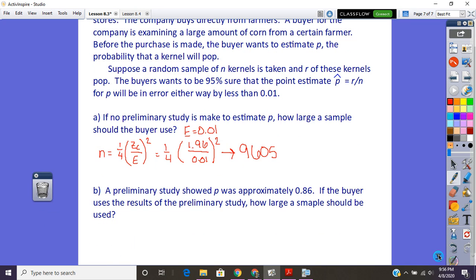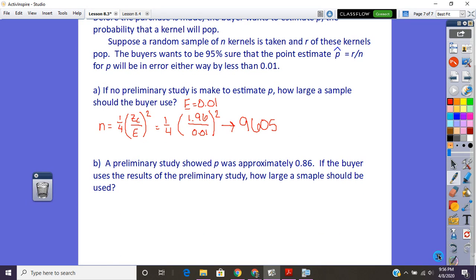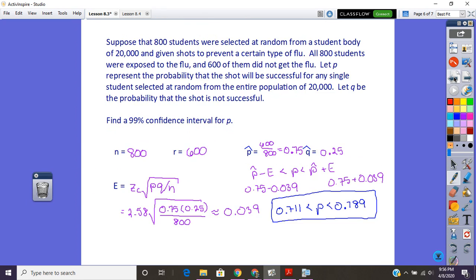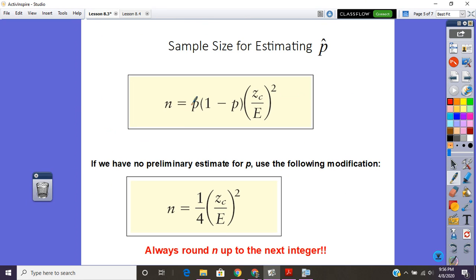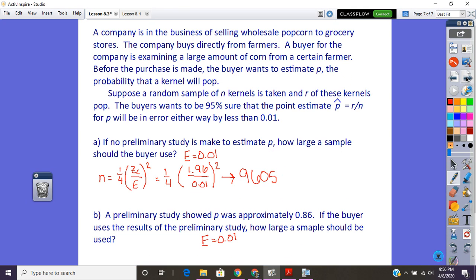Okay, so now we're going to say what happens when we have a preliminary estimate. We're going to go through and do the same thing. Our error is still the same. So our error is still 0.01, but now we have to use a different formula. So we are using this P, 1 minus P, and then ZC over E. So our ZC also didn't change.